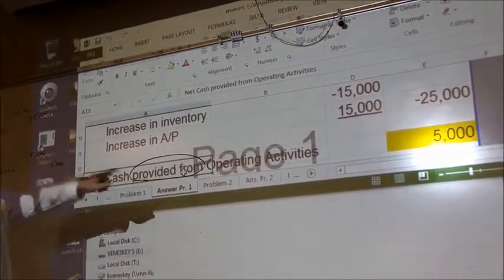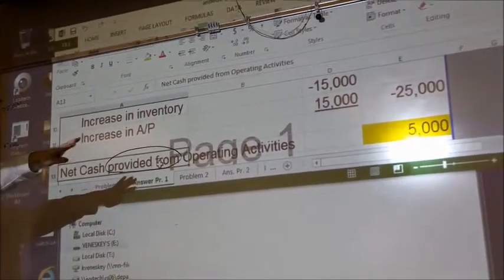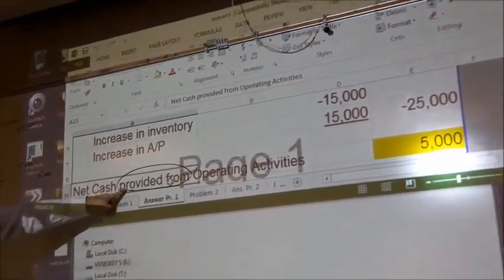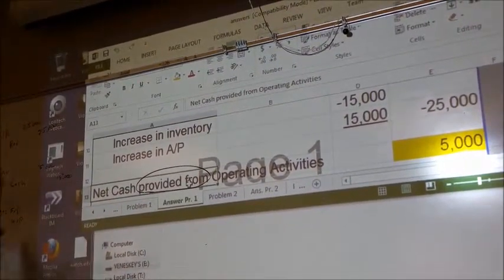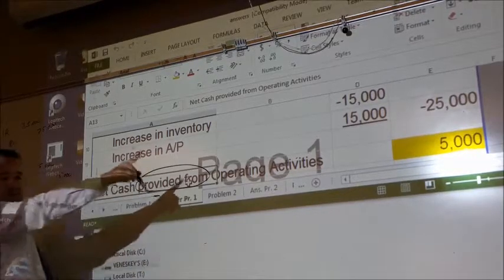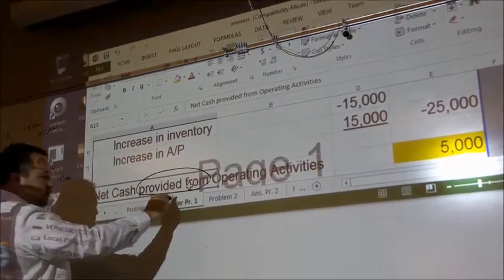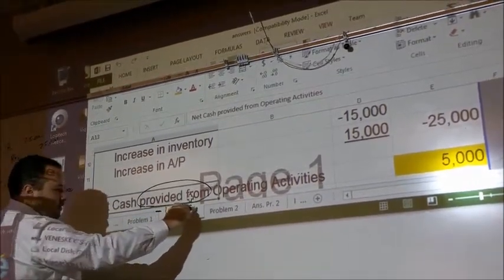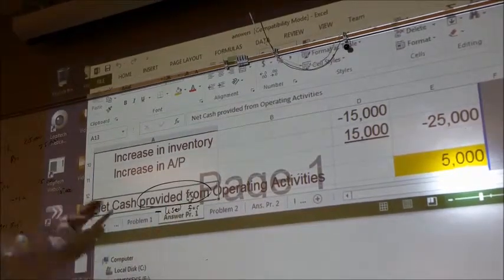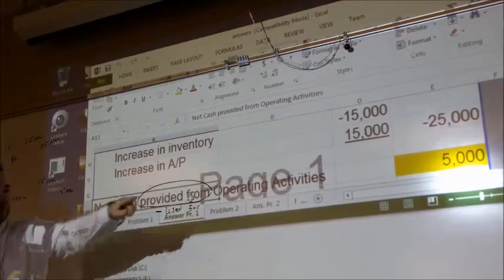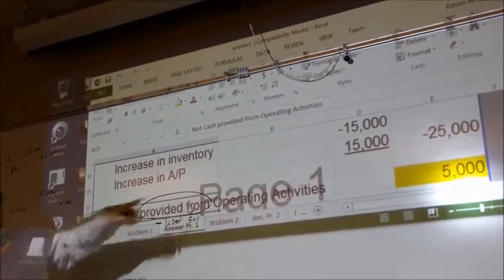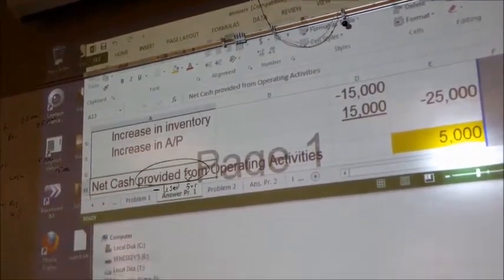The key wording here, whenever that thing in yellow, the total number, if it's a positive, we put net cash provided from. If it's a negative number, that total, we put used for. That's the only difference. Everything else will be the same. Net cash used for operating activities or provided from operating activities if it's a positive number.